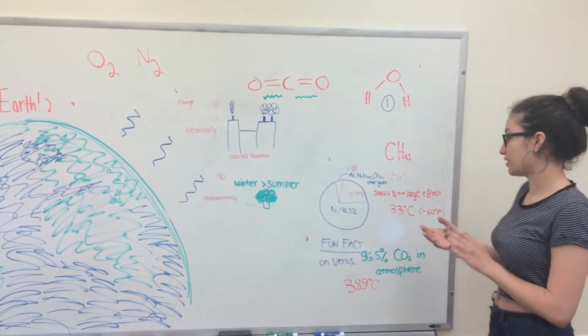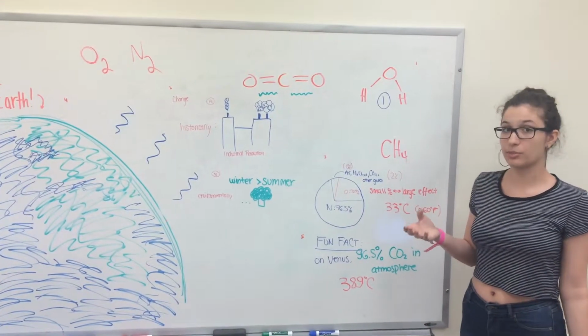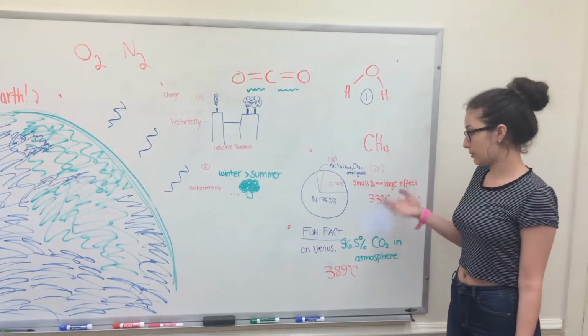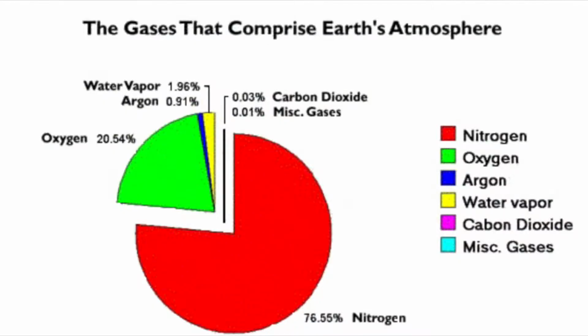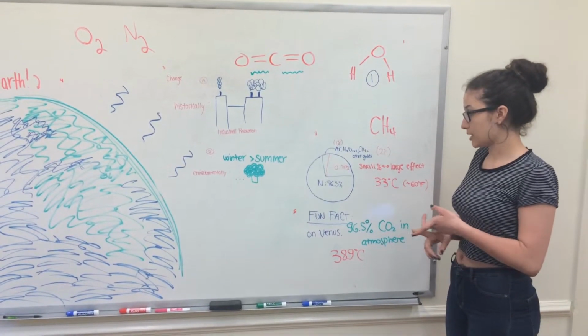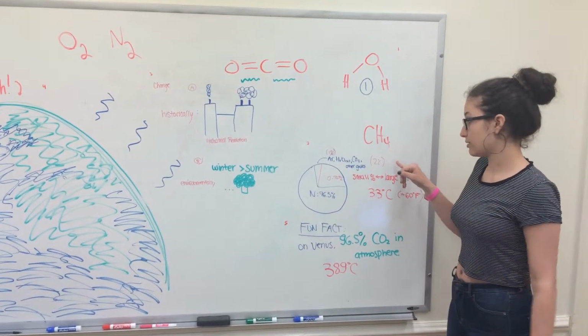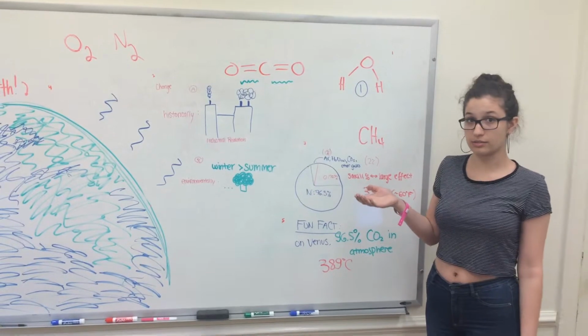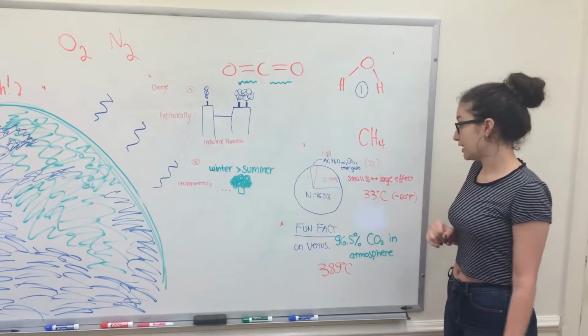Surprisingly enough, the greenhouse gases comprise a really small percentage of the Earth's atmosphere. Nitrogen is 76.5%, oxygen is 20.5%, argon itself is 1%, but water vapor, carbon dioxide, and other gases comprise 2% or less of the entire Earth's atmosphere.